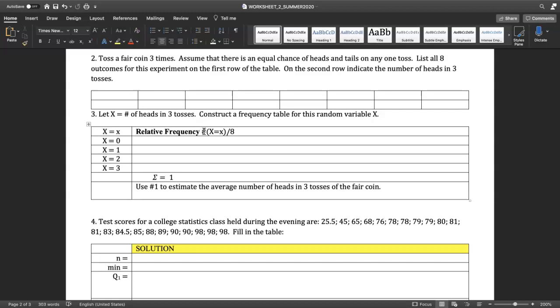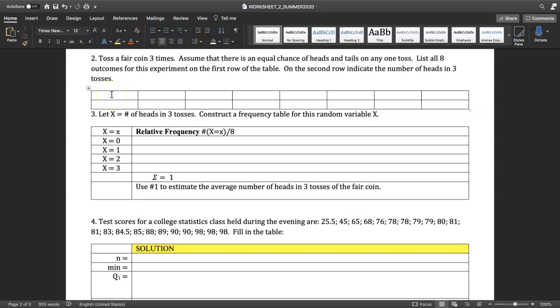In chapters 3 and 4, we talk about probability, and we don't need to talk about probability for this problem, but you might think of the probability of the heads being 1/2. That's another way to say that there's an equal chance of heads and tails on any one toss.